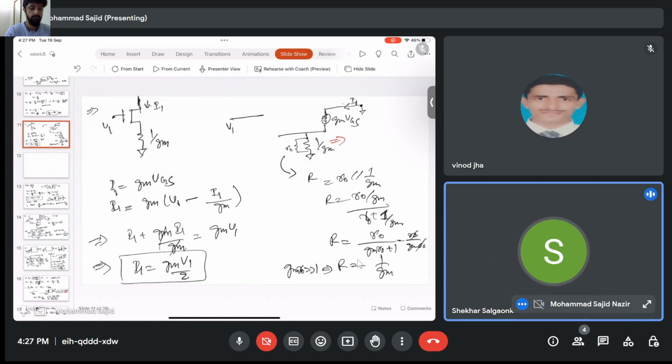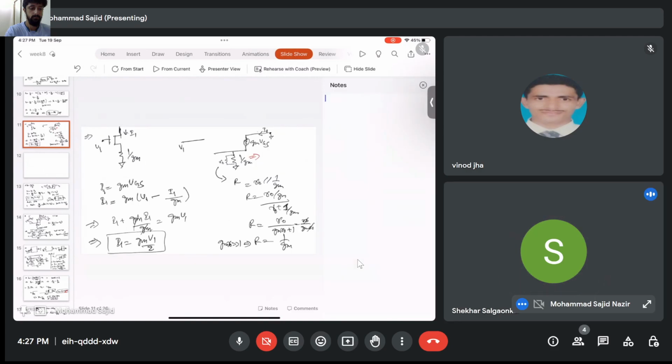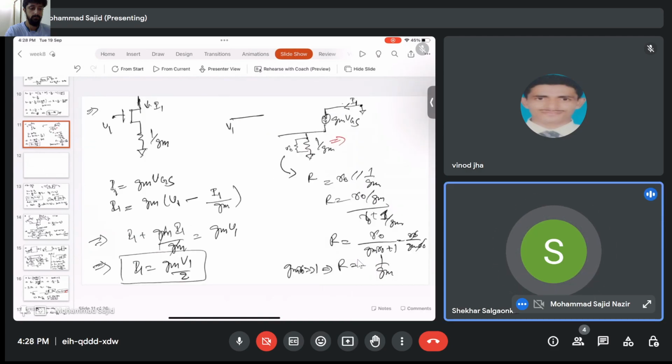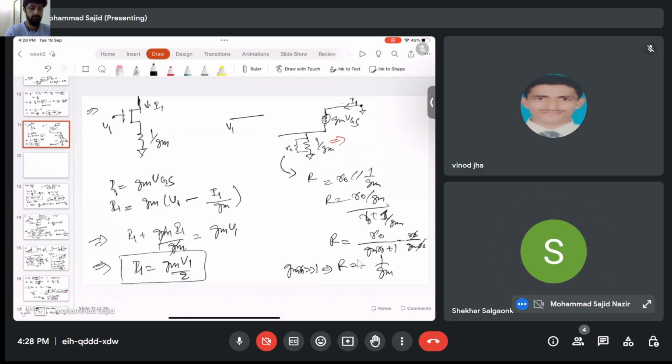You are saying both of them are grounded at either end. No, not both of them are grounded. Only one end is grounded. The top one is grounded, correct? Oh yes. The down one is still having some potential.